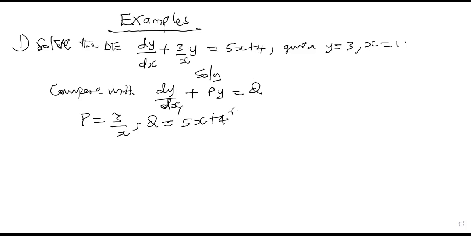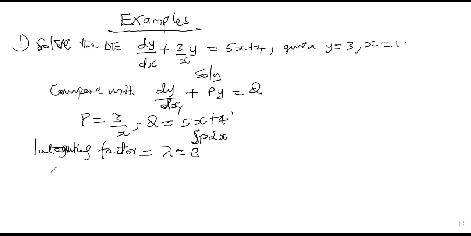Now, after doing this, we need to get the integrating factor first. The integrating factor, which we call lambda, is equal to e to the power integral of p dx.